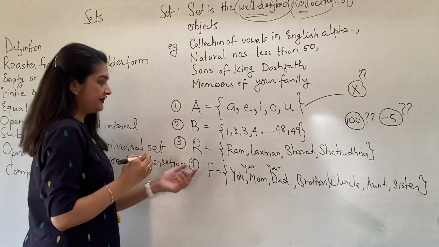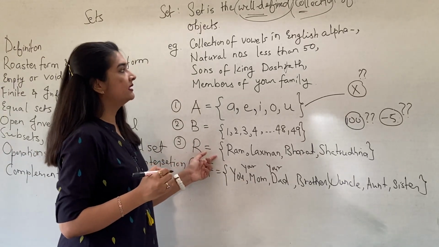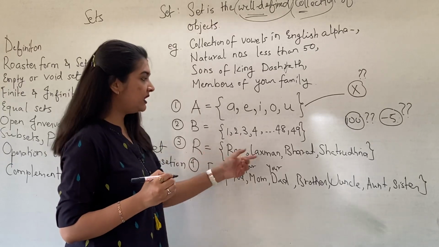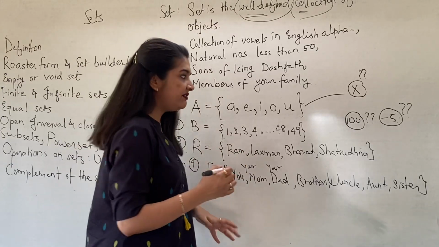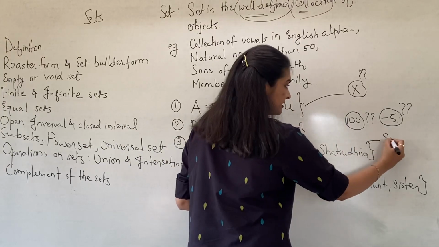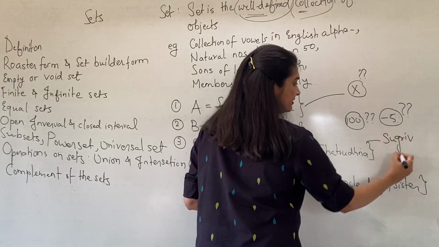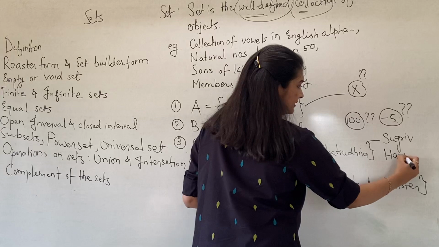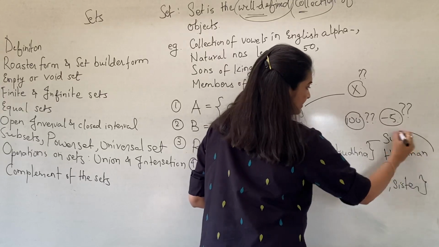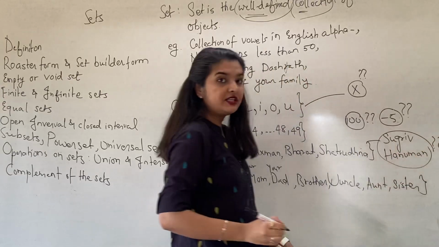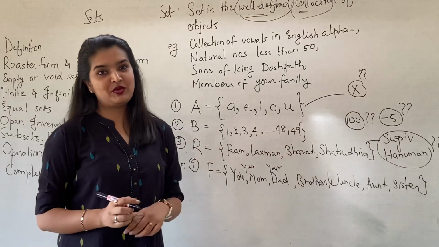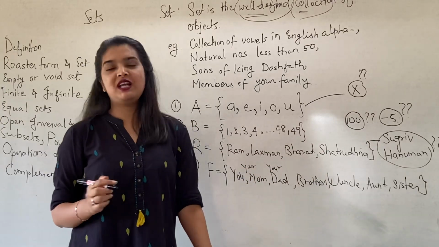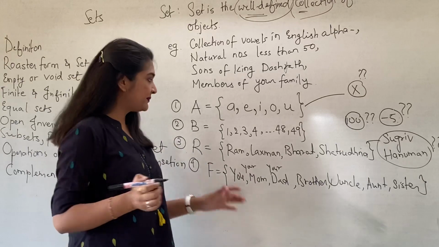Third question. Sons of King Dashrath. They are Ram, Lakshman, Bharat and Shatrughna. Now if I ask, is Sugriv and Hanuman part of this set Ramayana? No, because Sugriv and Hanuman are not the sons of King Dashrath, right?